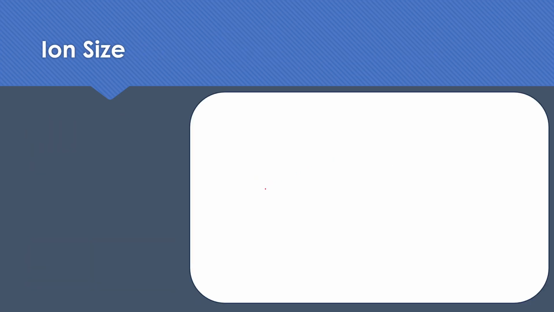Ion size is a little bit different. Keep in mind that your size is dictated by your electrons, because the nucleus relative to the amount of space the electrons are taking up is very, very small, and the electrons take up a ton of space. So the nucleus doesn't really factor into the overall size of the atom.